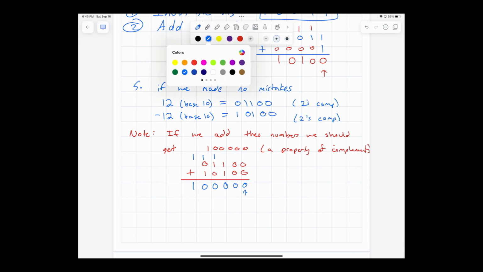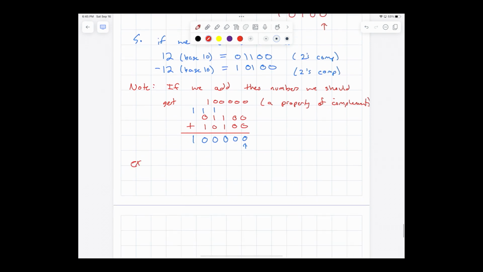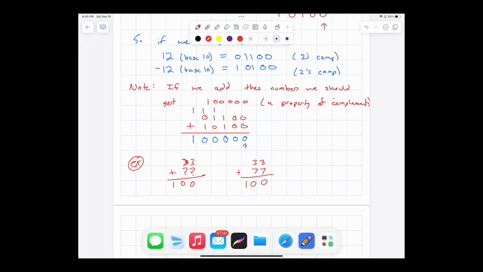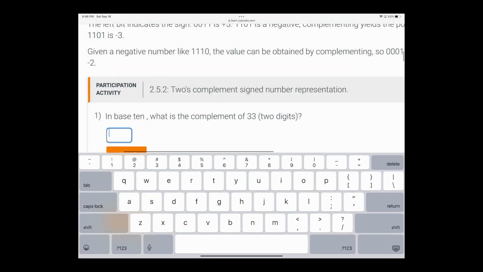So if you're trying to figure out that example, if you had 33 plus question marks, what would give you 100? That'd be the equivalent to what we just did. And so the answer would be 77, right? That would give you 100. So these two are complements according to what they just said. At least hopefully that's what they want.